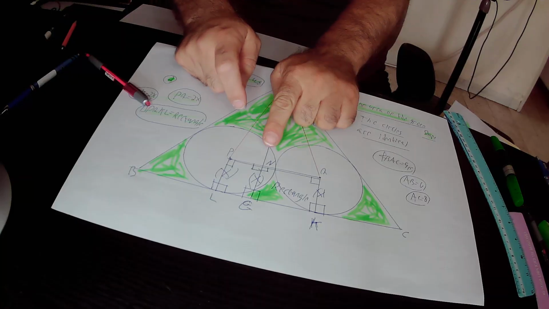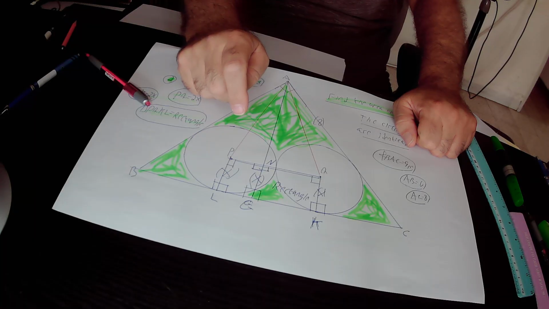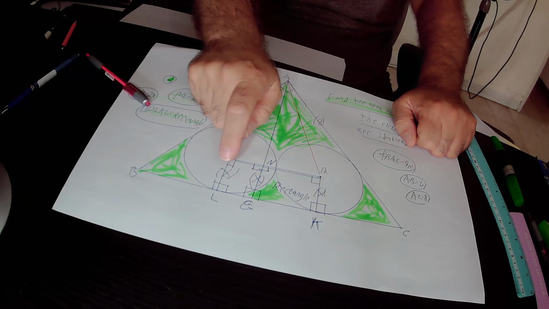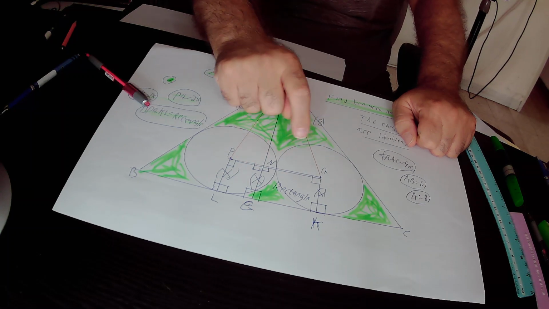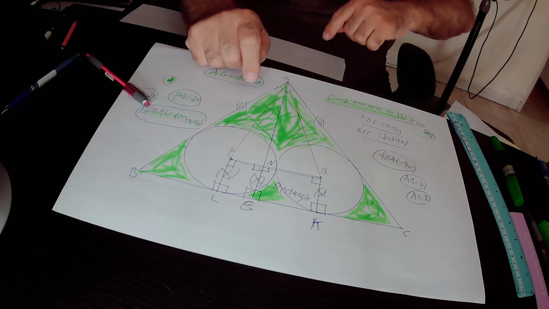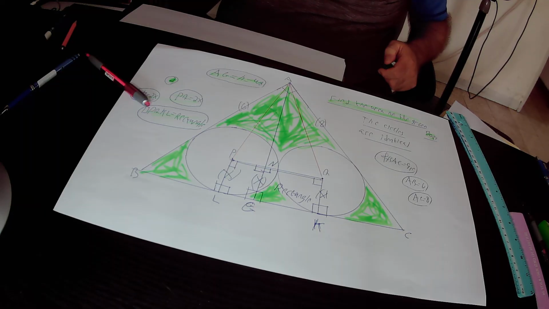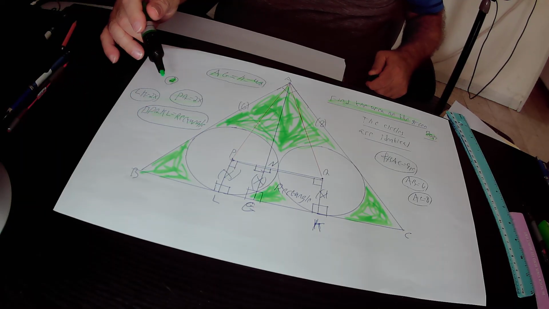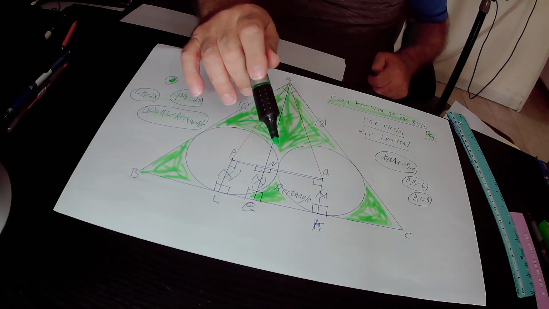Actually, those two angles are defined as corresponding angles, and they are located between the parallels PQ and LK. Why is PQ parallel to LK? PQ is parallel to LK according to the rule that the opposite sides of a rectangle are parallel to each other. We already found out that PQKL is a rectangle. So the opposite sides of rectangle PQKL are parallel to each other.